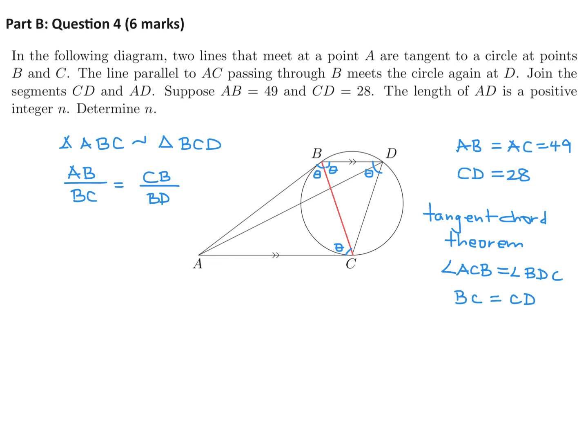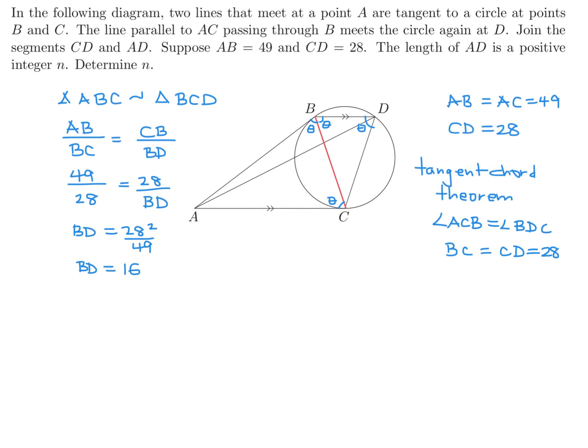So let's plug in our values here. AB is 49. BC is the same as CD, and therefore that's 28. So this will be 28. That'll be 28. And then BD, we don't know. Cross multiply, and you get BD is equal to 28 squared over 49. And therefore BD is equal to 16. All right, so that's pretty good. Very good finding so far.